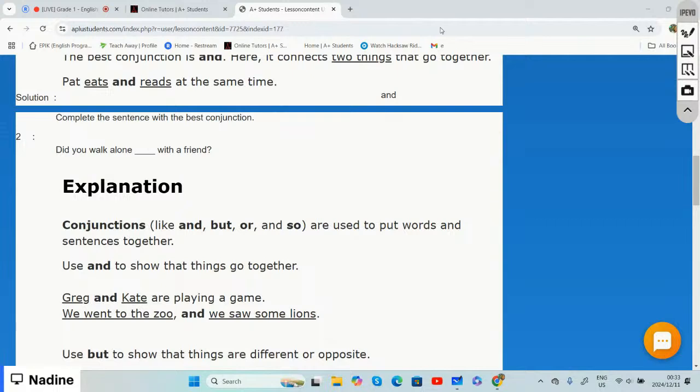And we can say, "Did you walk alone?" And if we were to choose the correct word or conjunction, such as and, but, or, and so, it says, did you walk alone or with a friend?